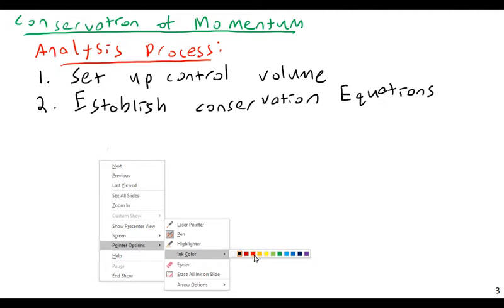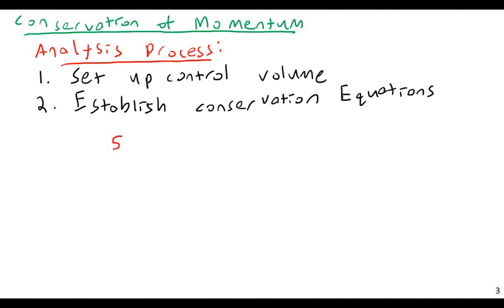So this is equation 5.22 in the text. This is the partial with respect to time of the integral through the control volume of v rho dV, where v is velocity and dV is the change in the control volume.